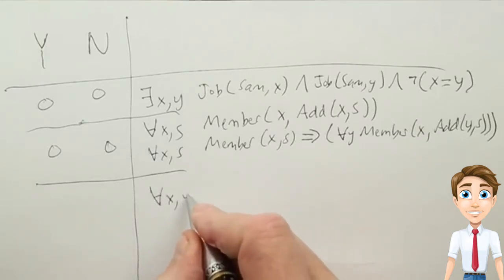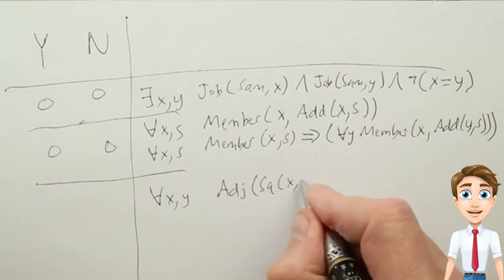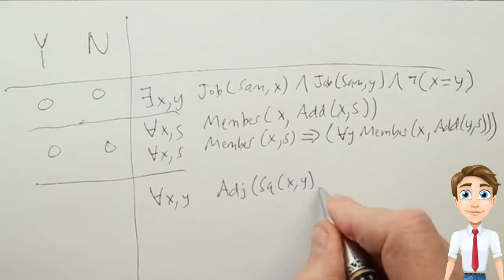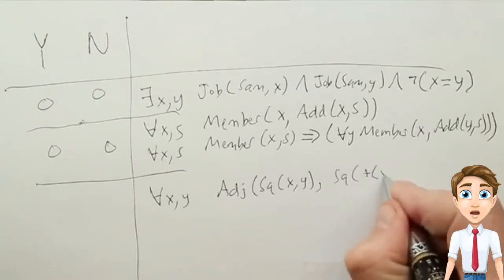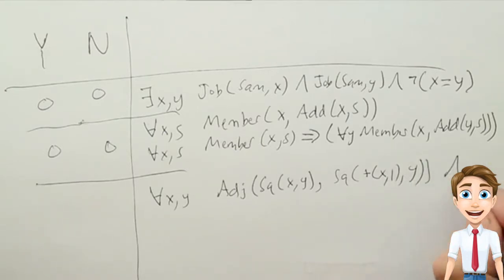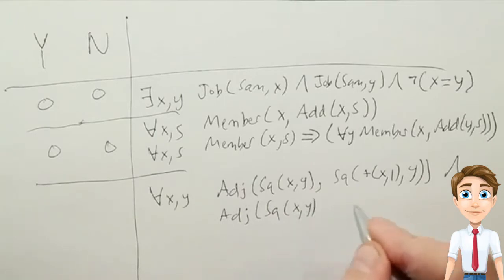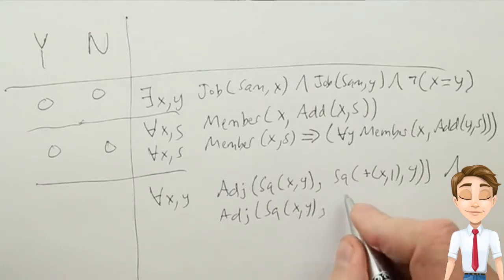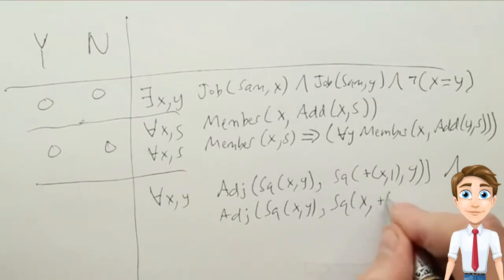For all X and Y, the square XY is adjacent to the square plus X1Y, and the square XY is adjacent to the square X plus Y1.